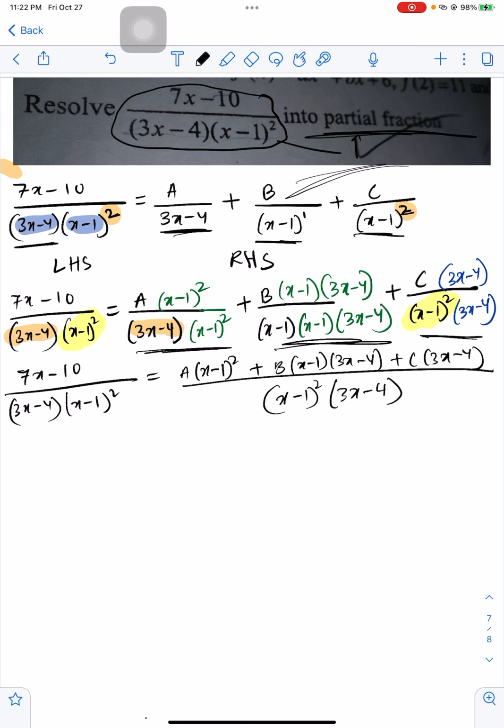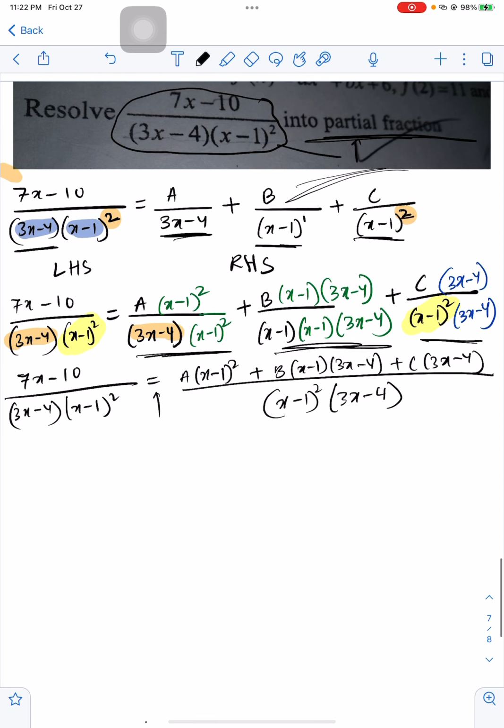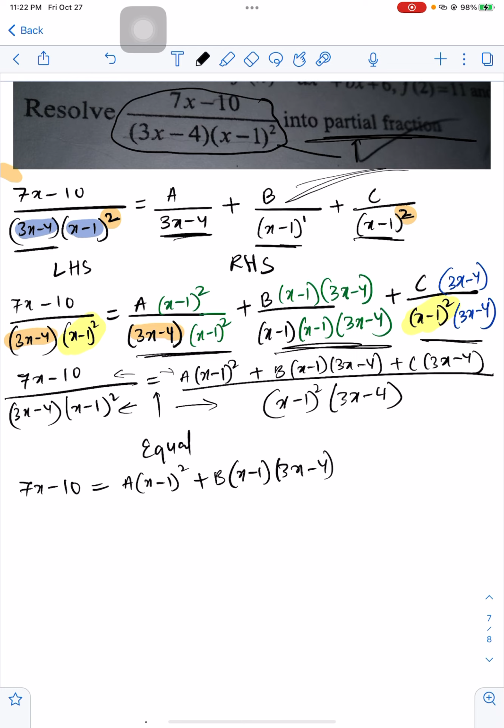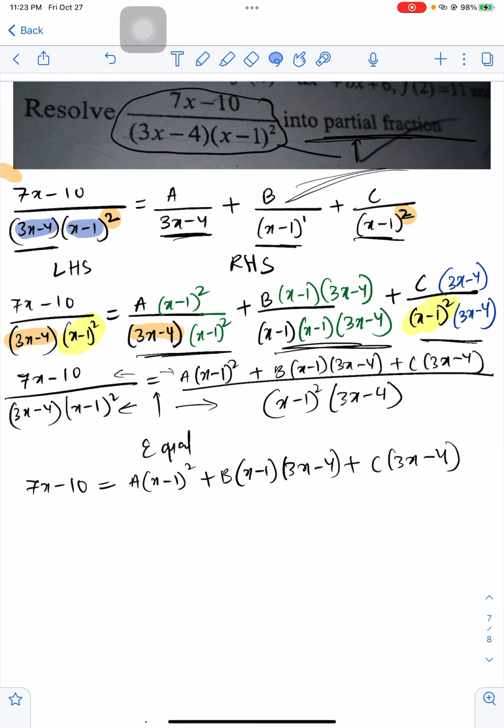Now the interesting part is this is equal, which means if both denominators are the same, by virtue of the meaning of equal, the numerator has to be the same. So 7x minus 10 should be equal to A(x minus 1) whole square plus B(x minus 1)(3x minus 4) plus C(3x minus 4). This is the main equation that we need to use.